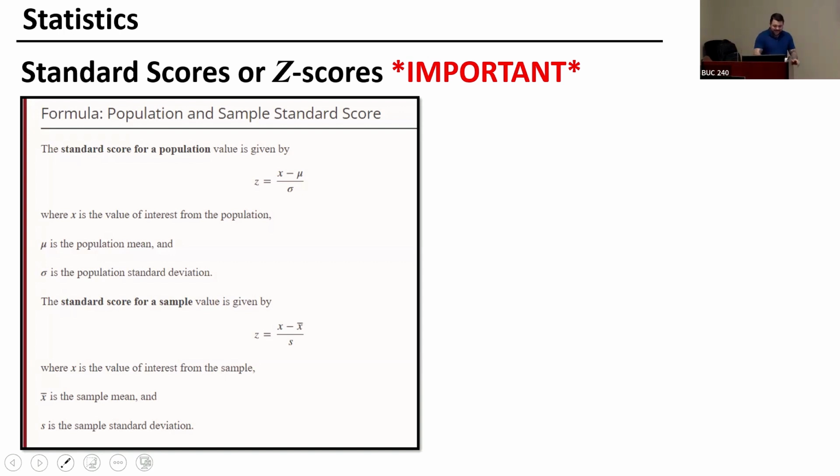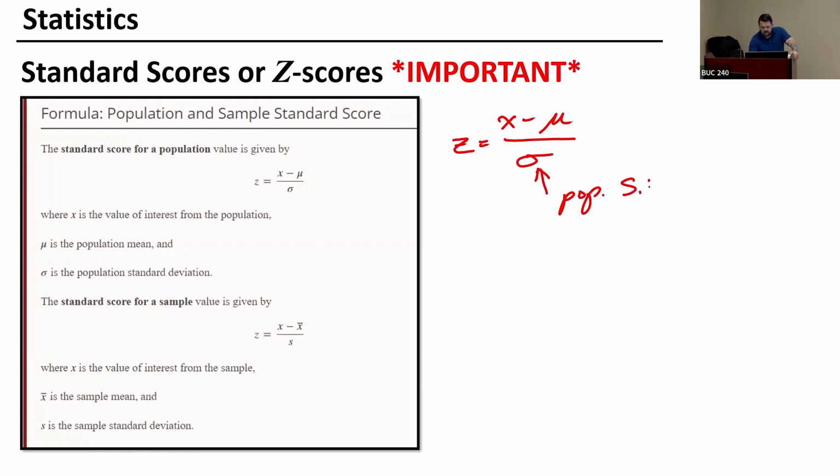So let's dissect it. So what we have here is z is equal to x minus mu all over the standard deviation. Remember, that right there is your what?